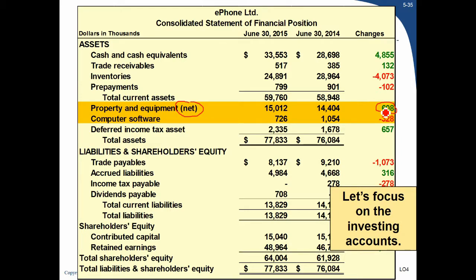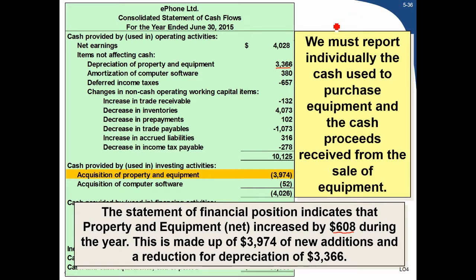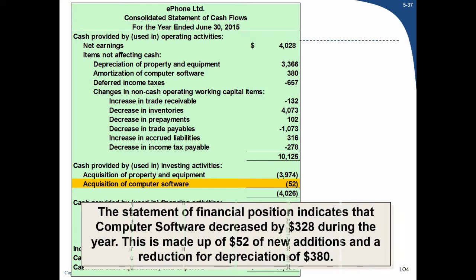I would recommend using the T accounts. The T accounts are nothing new. I don't have a lot of room here to show it, so I'll show it on this slide.